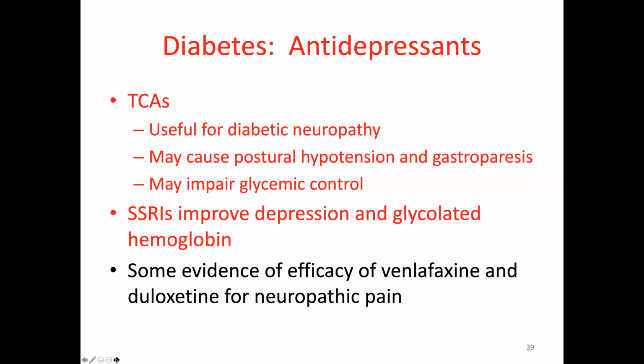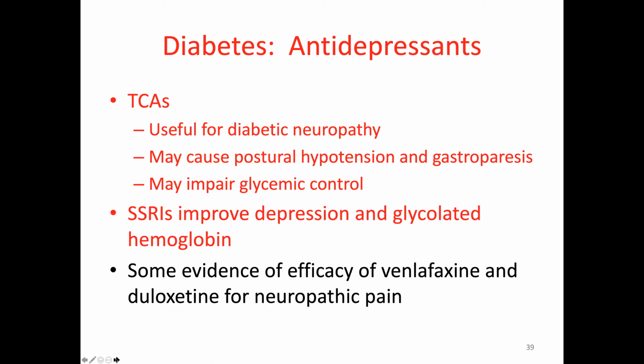We see tricyclics. One of the common things with diabetes, as you know, is neuropathy. The tricyclic antidepressants are effective for the neuropathy and may also have an antidepressant effect. But these tricyclics may produce postural hypotension, which can be an issue, and they can also produce gastroparesis.